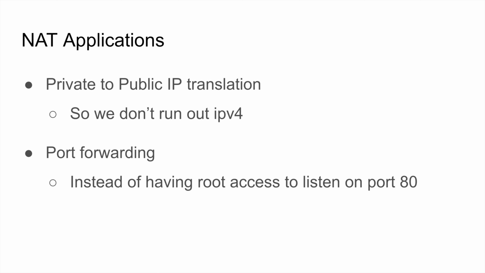Because anything less than 1024, I'm sorry, you cannot listen on these ports. These are root access ports, so I don't trust you. You cannot listen to that. So what we do is something with NAT, so that you can listen on port 8080 or 8081 or 8082 or 8083. You get the idea.